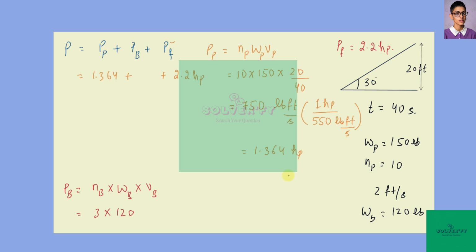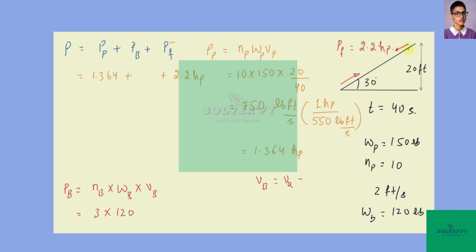Now the velocity for the boys. Since the boys are moving at a speed of 2 feet per second in the downward direction, the boys are moving like this and the escalator is moving like this. So we have to take the relative velocity, which is the velocity of the escalator minus the velocity of the boys.